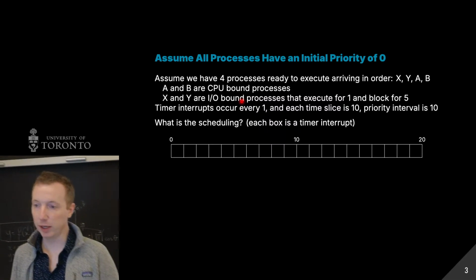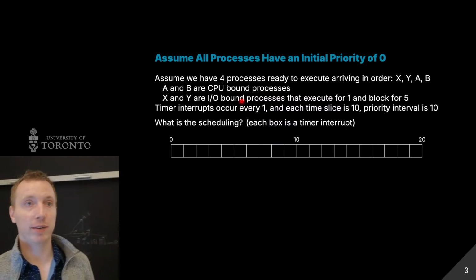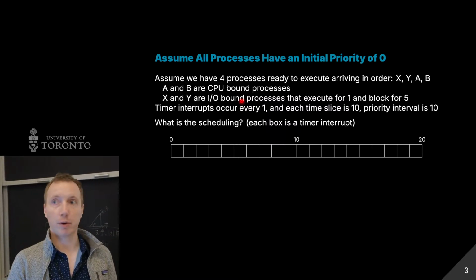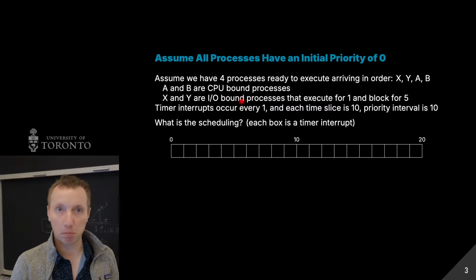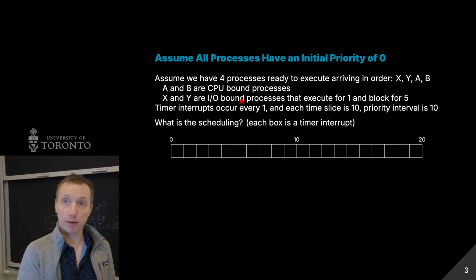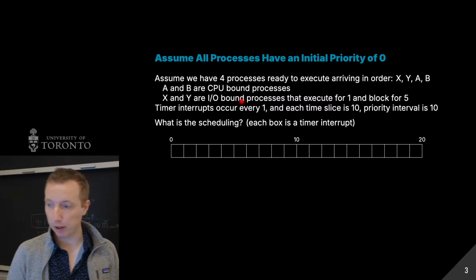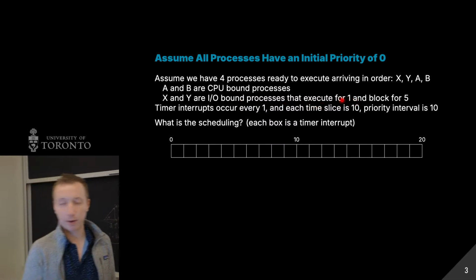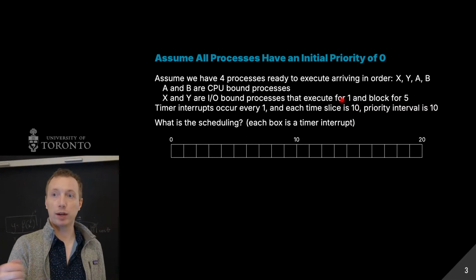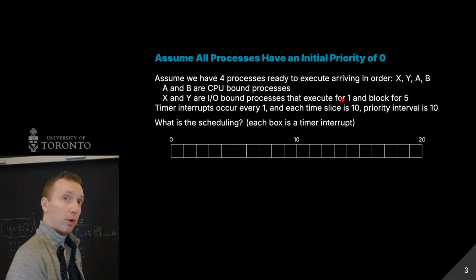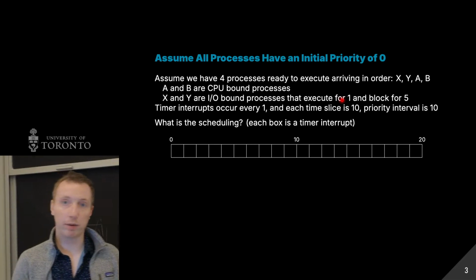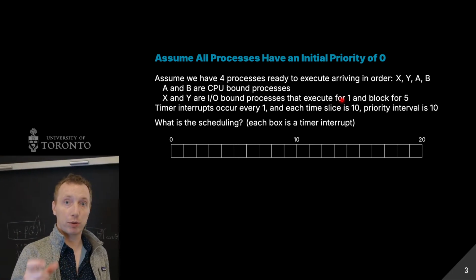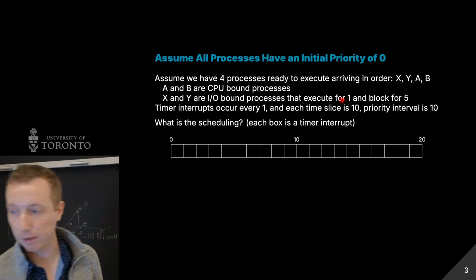We're assuming that when we run I/O-bound processes, they make a system call, and then the kernel essentially blocks them and lets something else consume the CPU while it waits for some operation to happen. So whenever we schedule them, they execute for only 1 time unit and then block for 5. That means they won't be eligible to run again for at least 5 time units.